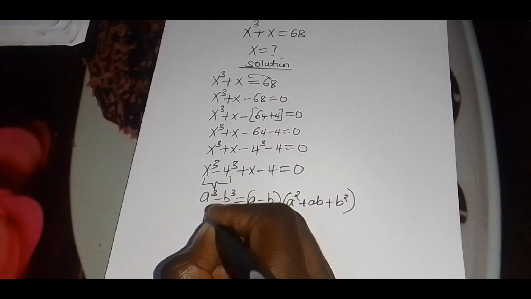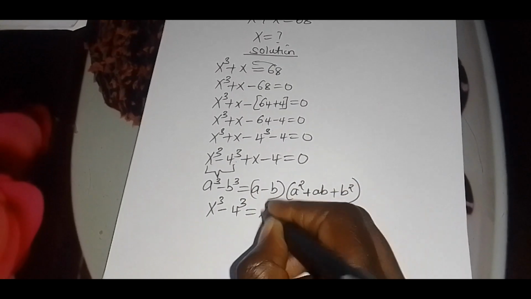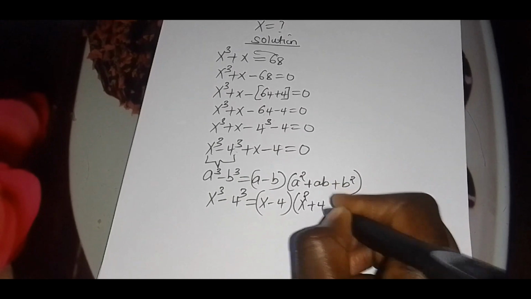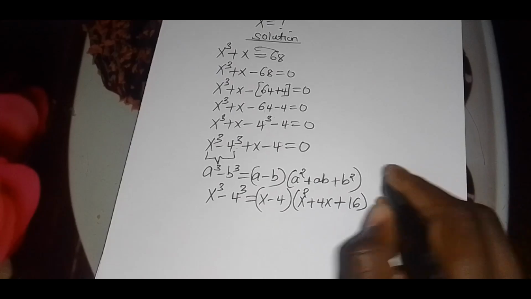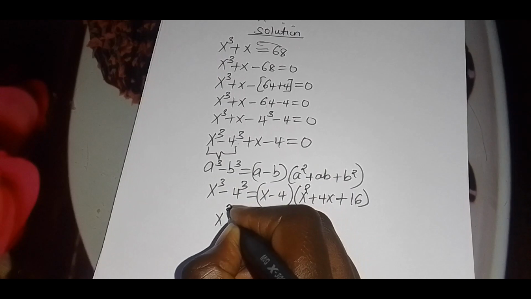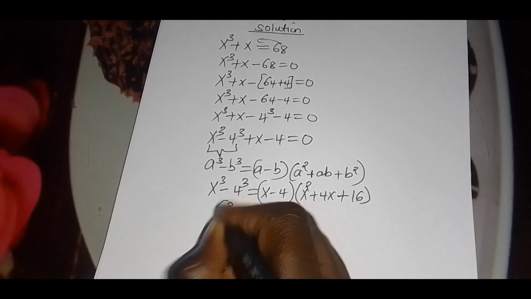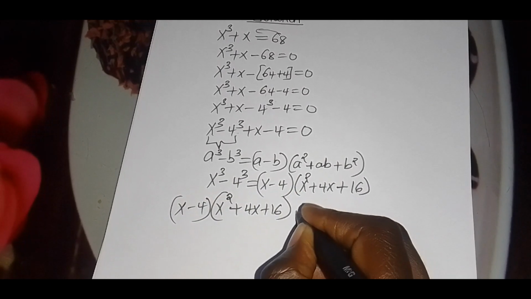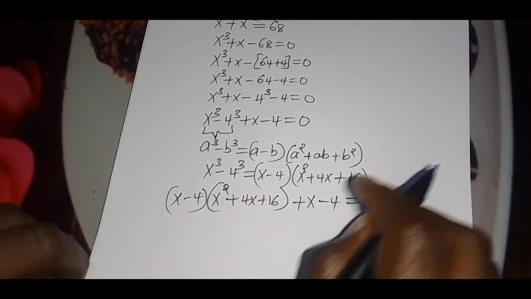So we have x cubed minus 4 cubed, which is equal to x minus 4 times x squared plus 4x plus 16, plus x minus 4. This is supposed to give us 0.